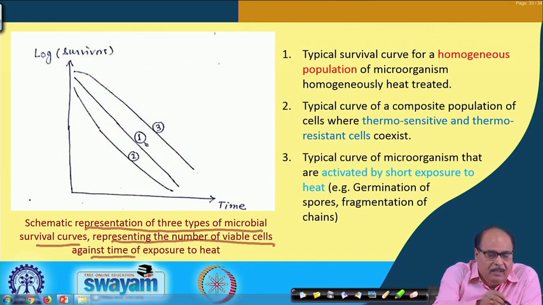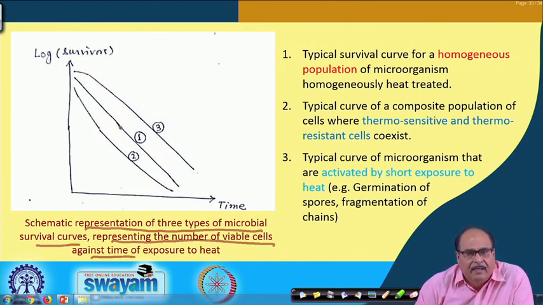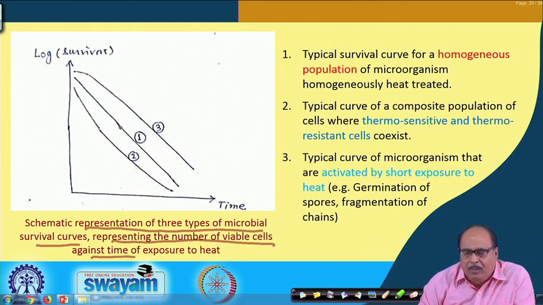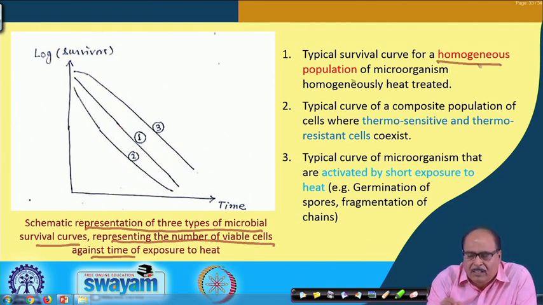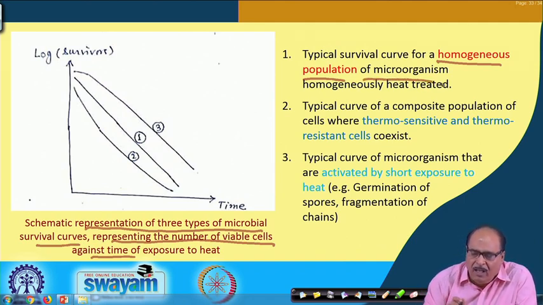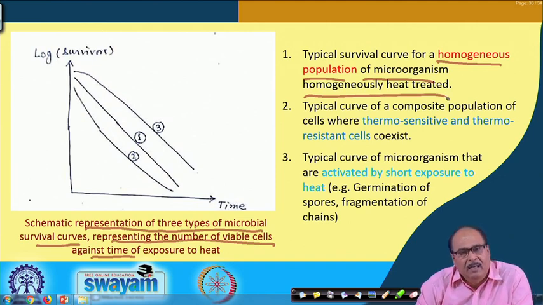This line 1 gives a linear relationship, a straight line. This curve shows that the population is a homogeneous mass of microorganisms, and it has been homogeneously heat treated.